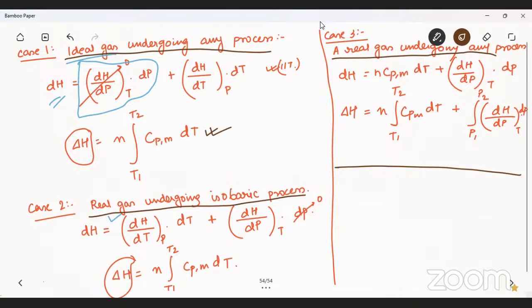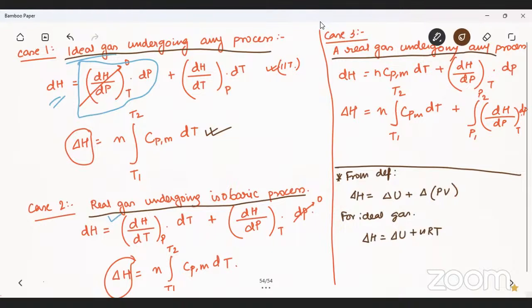From definition, one more thing I want to say. From definition, delta H is equal to delta U plus delta PV. Right? This is something we know. For ideal gas, what I told you, that delta H is equal to delta U plus nRT.